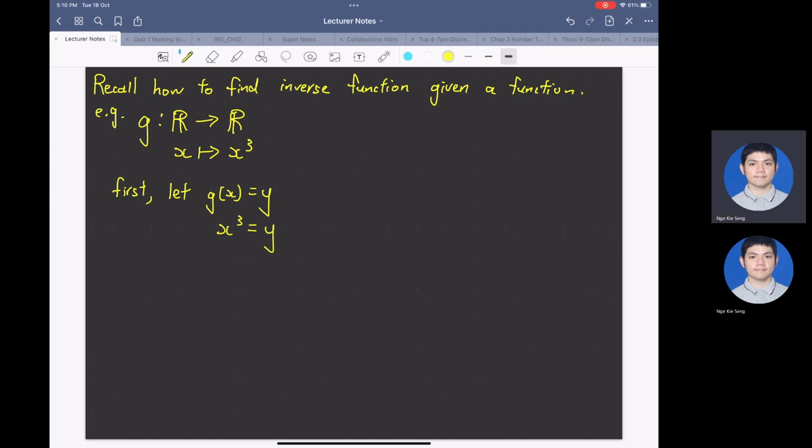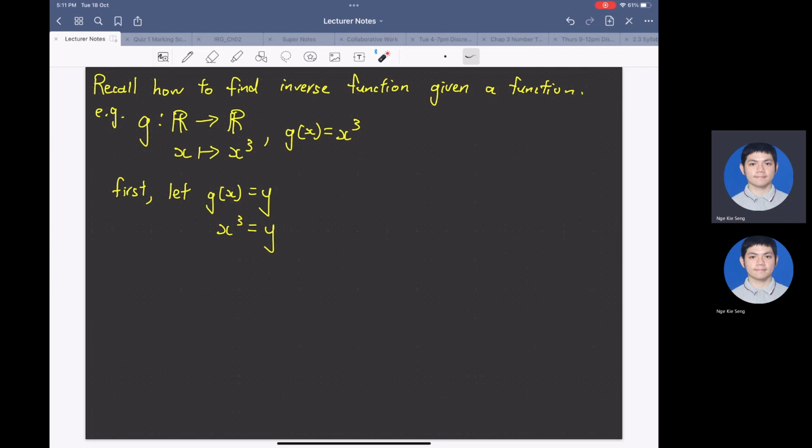So I need to take an element from the codomain, and then I want to find the pre-image. But g is defined as what? The image looks like x cubed. So every element in the codomain looks like the cube of some element in the domain, right?